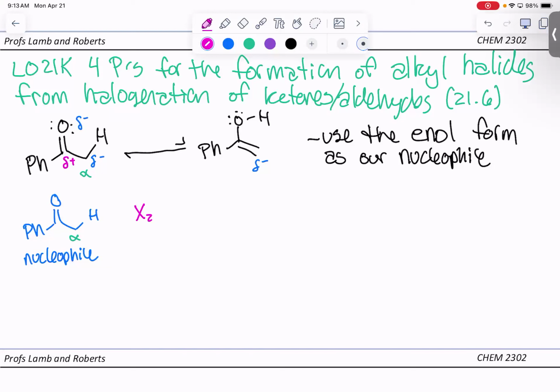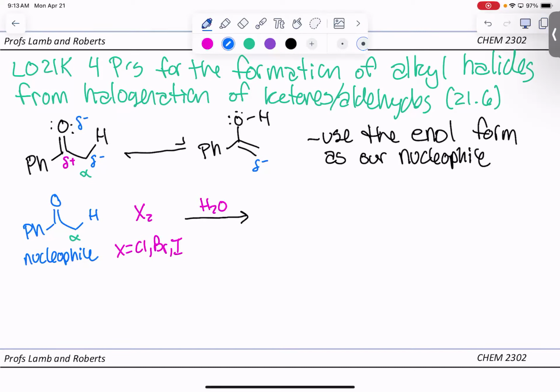So X2, where X equals chloride, bromide, iodide. Just like normal in our periodic trends, we don't see fluoride as an electrophile here. We don't see F2 being used because it's just not reactive enough as an electrophile. All right, so we're going to do this in a little bit of water to help us with our proton transfers.